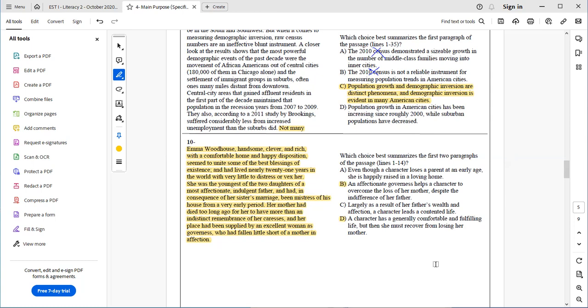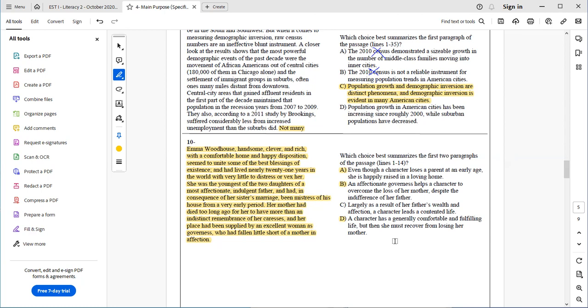Okay, Myrna, change from D to A. Hala, Yusuf, are you going to keep your answers B and D? She didn't remember her mom. He said her mother had died too long ago for her to have more than an indistinct remembrance of her caresses.